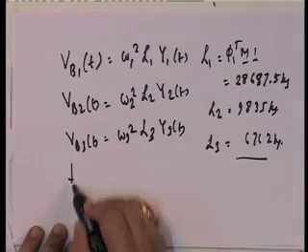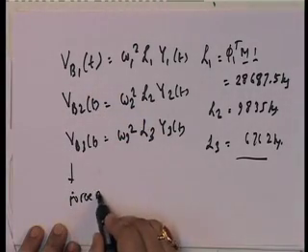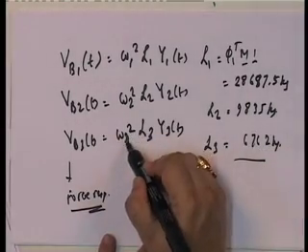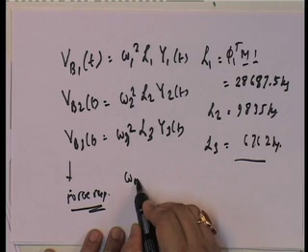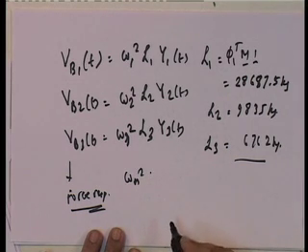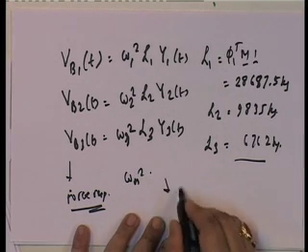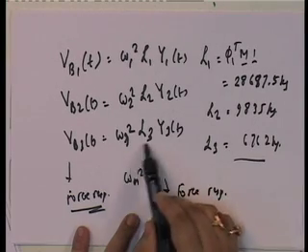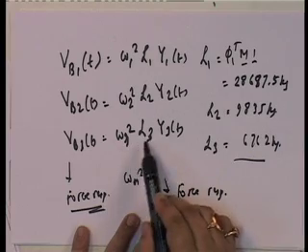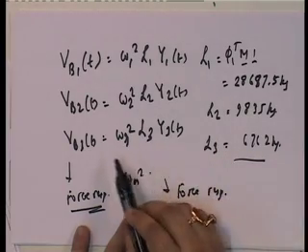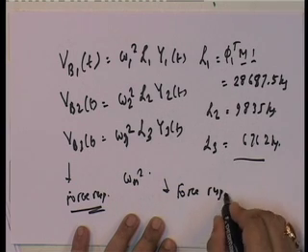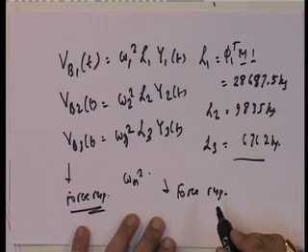Note something very interesting, and that is that L is also a quantity which decreases with mode number, but this is a force response. Note that even if these go down, they are multiplied with omega_n squared. For force responses, if you plug it in, you will see that V_b3 also contributes significantly in this particular case.